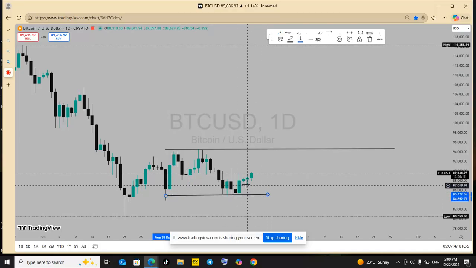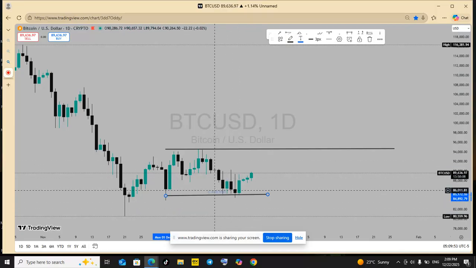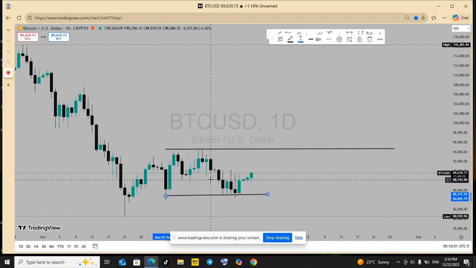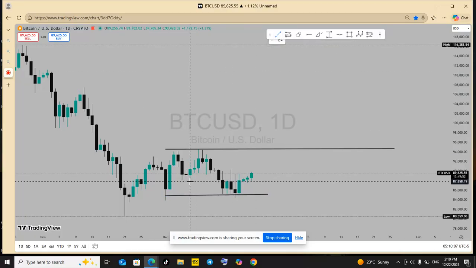It means if it breaks this one, it will continue going down. But if it is still in this line, there is no break. Here there is a break of structure, a little bit of break of structure here to block the downside.